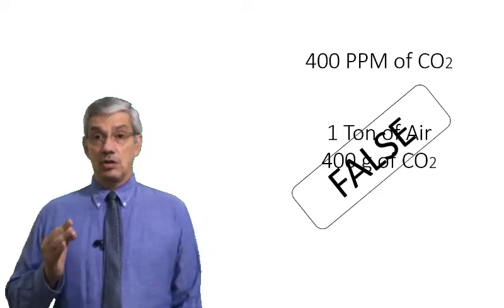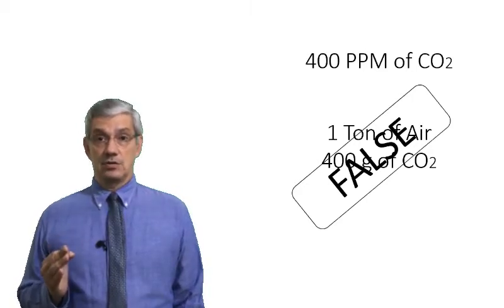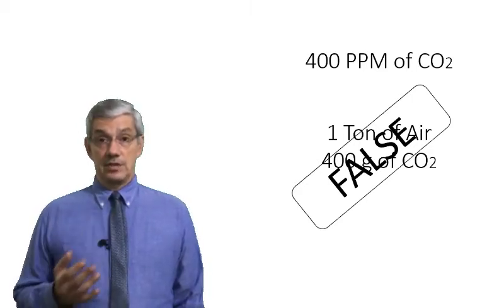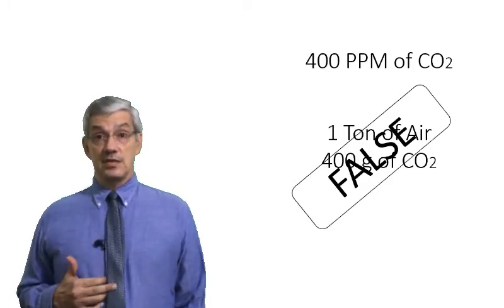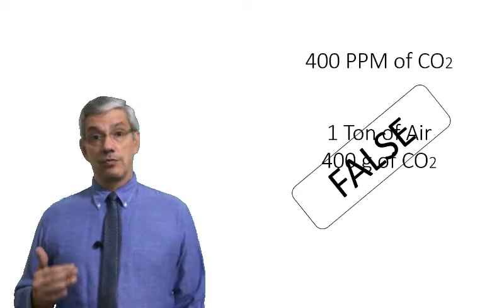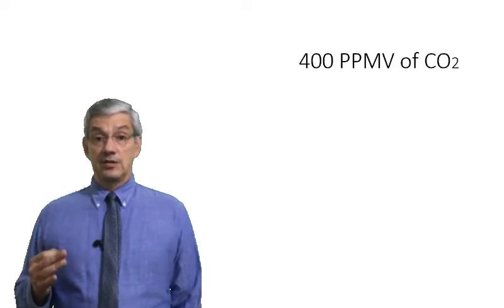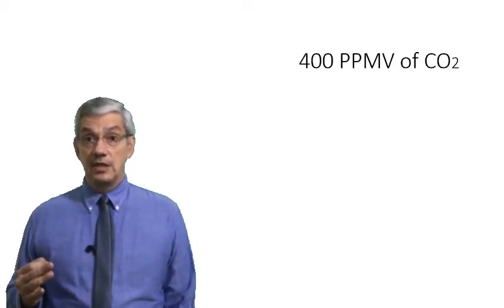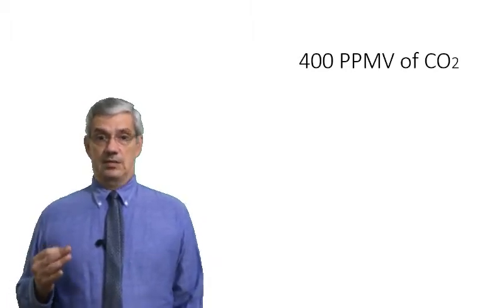Because most instruments we have for analyzing gas composition give the result in mole fraction, and when you deal with gases, mole fraction equals volume fraction. Therefore, the correct concentration of carbon dioxide in the atmosphere is 400 ppmv. That means parts per million on a volumetric basis.